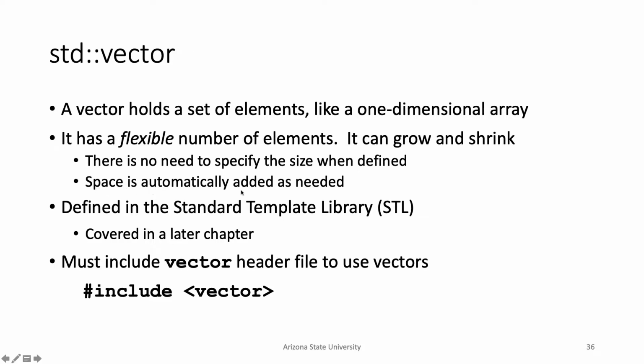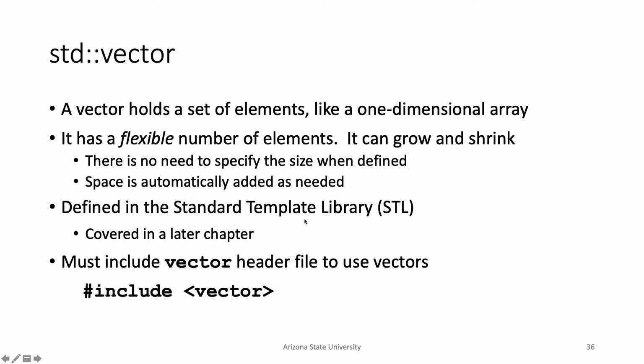Yeah, so space is automatically added as needed, and the way it adds it is whatever the size of the array on the back end was before, it allocates a larger one and copies all of the elements over. So it will always have enough room to hold the array as is.